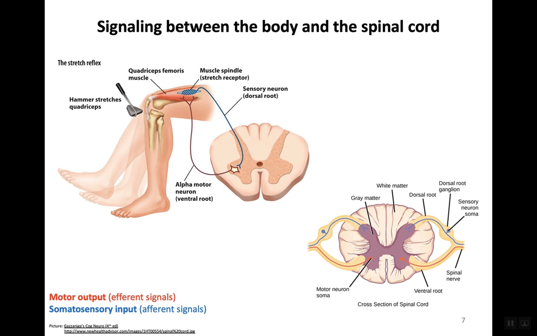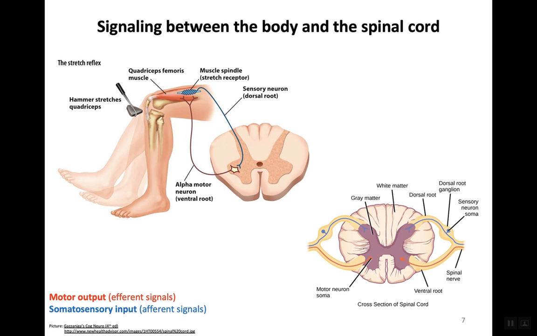Let's try to illustrate that with a reflex movement. And perhaps one of the best types of stretch reflex is the patellar reflex, or the knee jerk reflex. What we mean by that is a particular type of reflex which involves contracting a muscle in response to stretching the muscle. And that's exactly what a knee-jerk test essentially looks at.